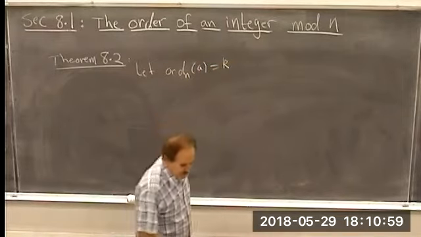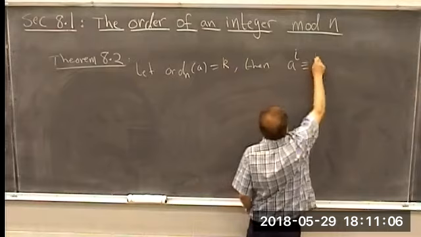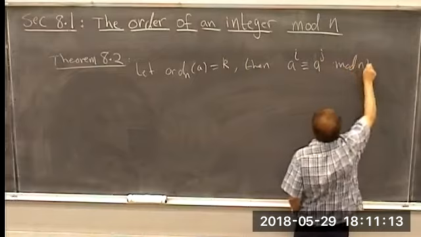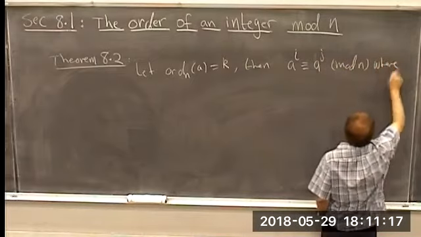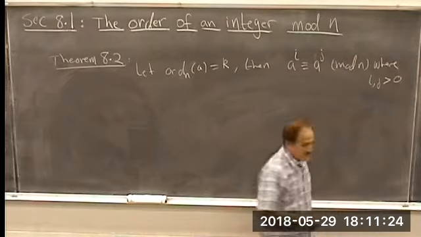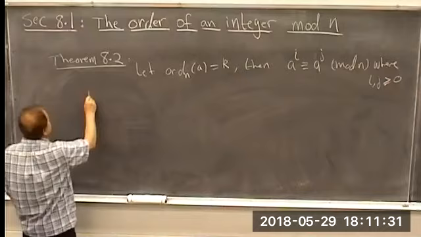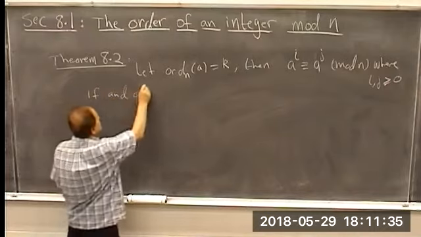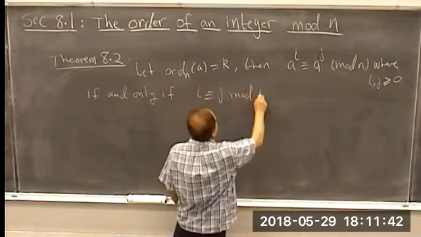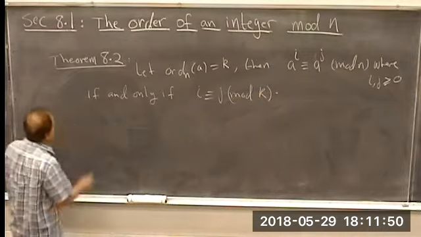Then A to the i is congruent to A to the j mod n, where i and j are bigger than 0, or we could take them greater than or equal to 0 even, if and only if the exponents are congruent to each other mod k. All right? So here's the proof.